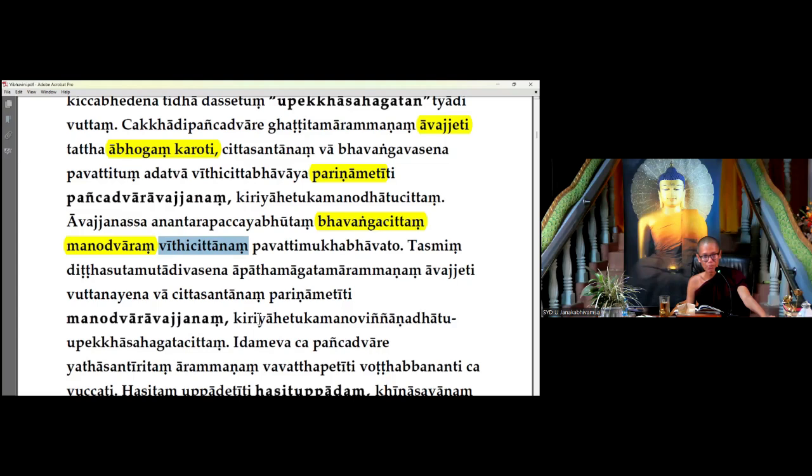The synonym of Mano is Citta. So by seeing Vīthi Cittāna, Mano and Citta are synonyms. But it is not all Citta, not all Mano, only Vīthi Citta. It does not include the Paṭisandhi, Bhavanga, Cuti mind, the other minds.